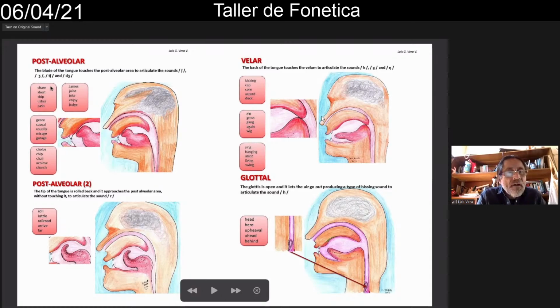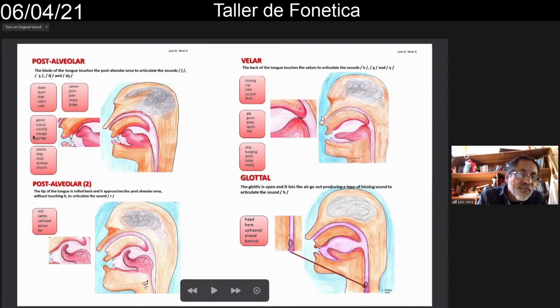First, this one is sh: share, short, ship, usher, cash. Notice, again: share, short, ship, usher, cash.